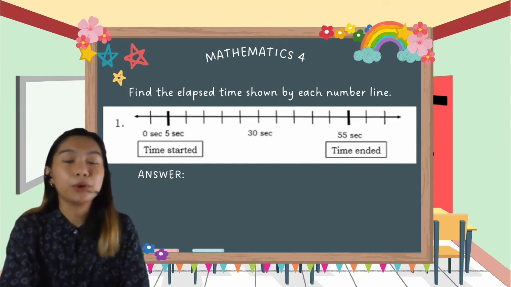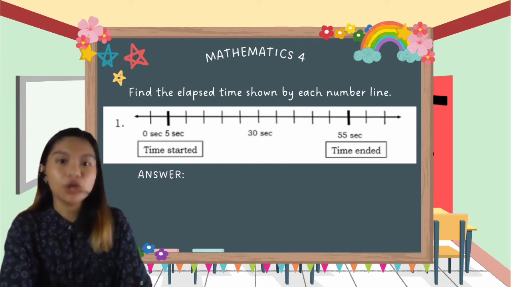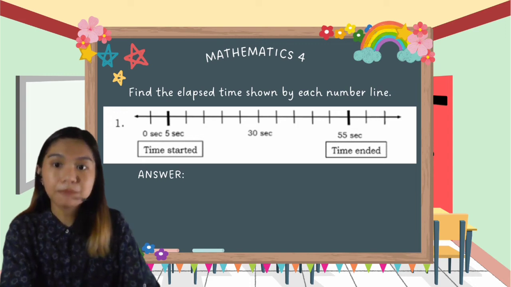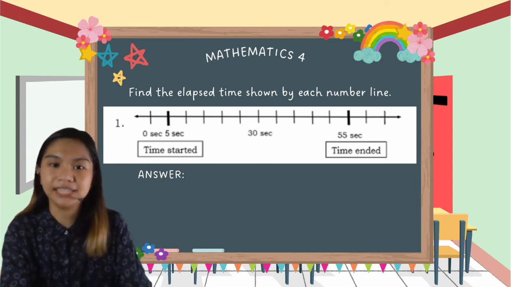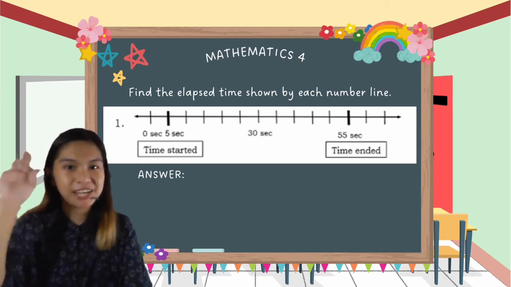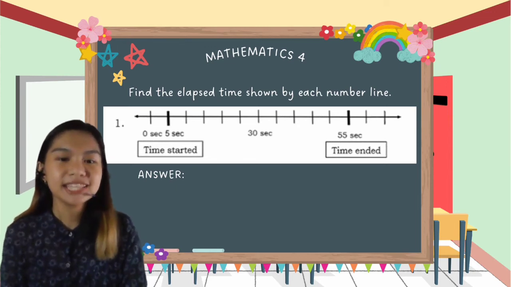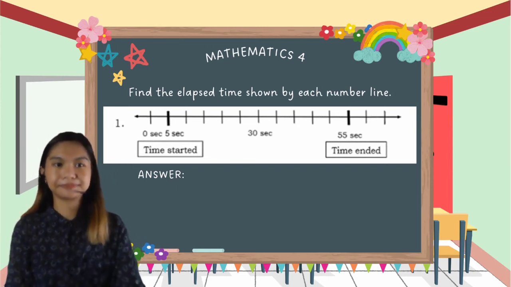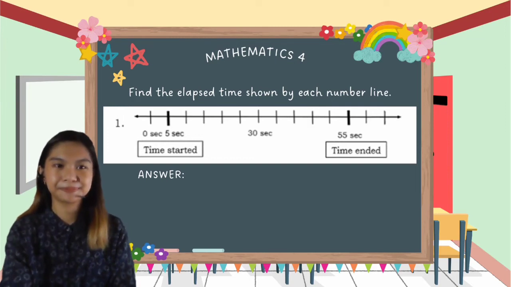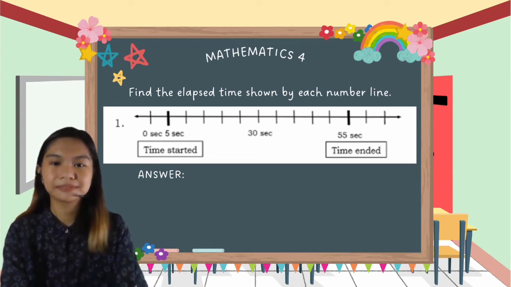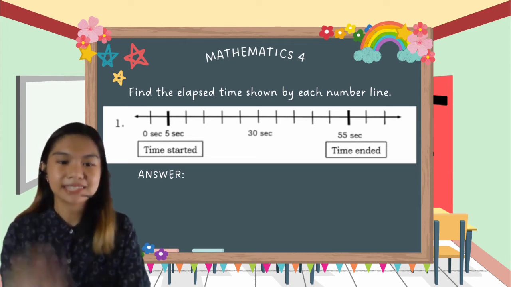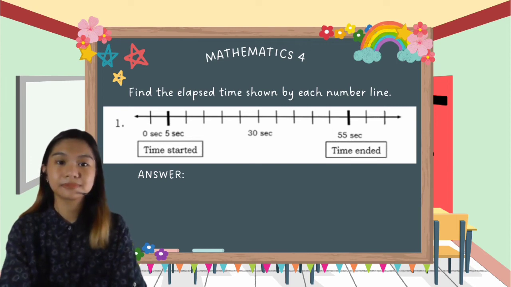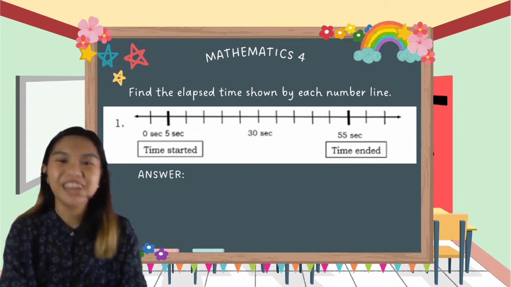Okay. So I'm going to give you time in each number. You have to find the elapsed time shown by each number line. If you know the answer, just raise your hand. Let's have number 1. Yes. Very good.